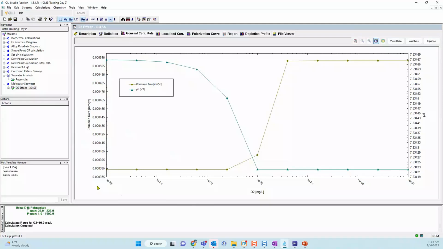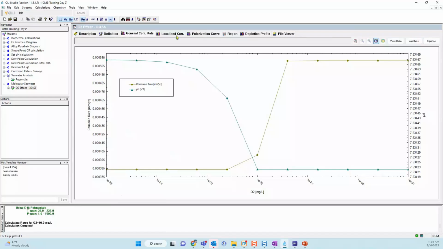It cannot be that I'm having such low corrosion damage. Virtually, this is saying that we are not damaging our material from a general corrosion point of view. So if we base our results only on general corrosion, we will be drawing the wrong conclusion.